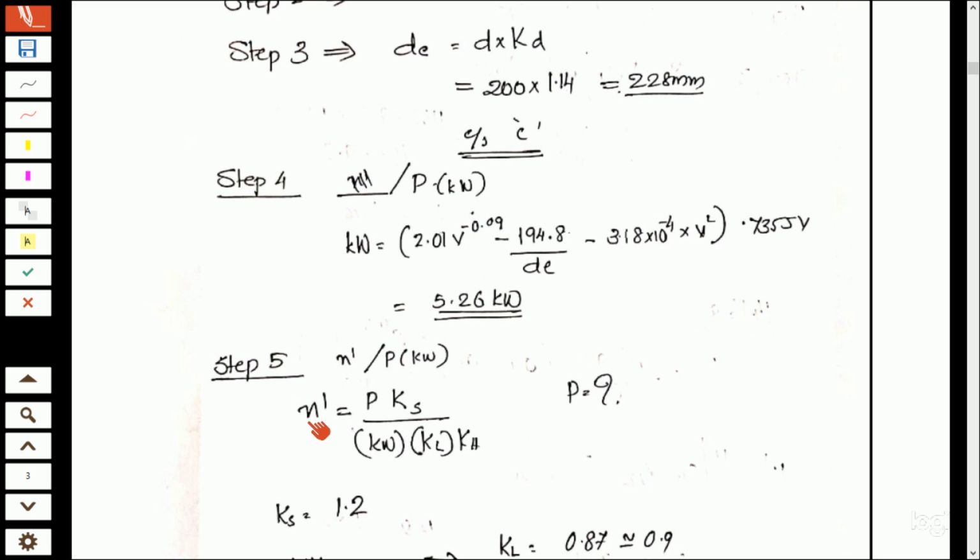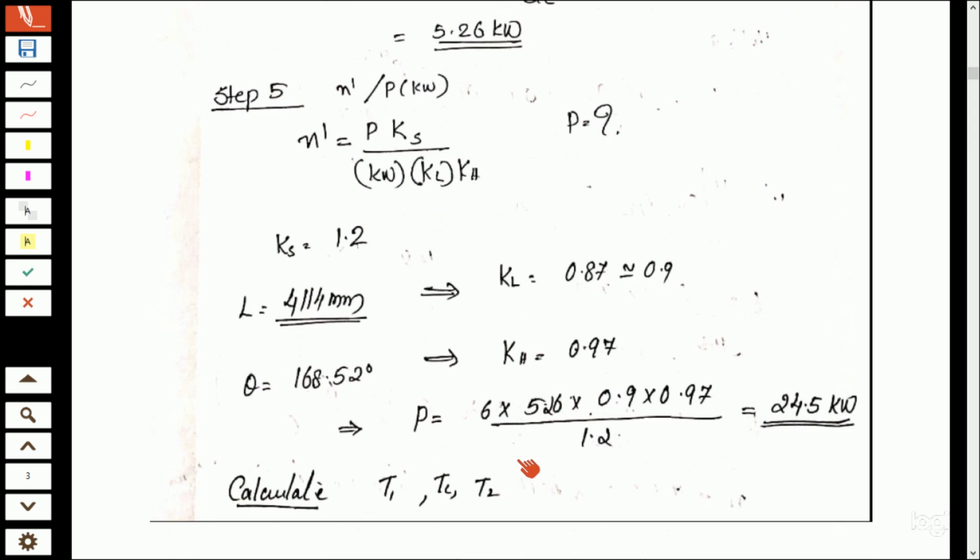How? Because n dash is provided to us, the value is 6. Ks, Kw, KL and KH we have to calculate. I hope you know how to do that. I will go for the calculation of Ks. I can directly take it because the service condition is provided there. So Ks you can directly take.